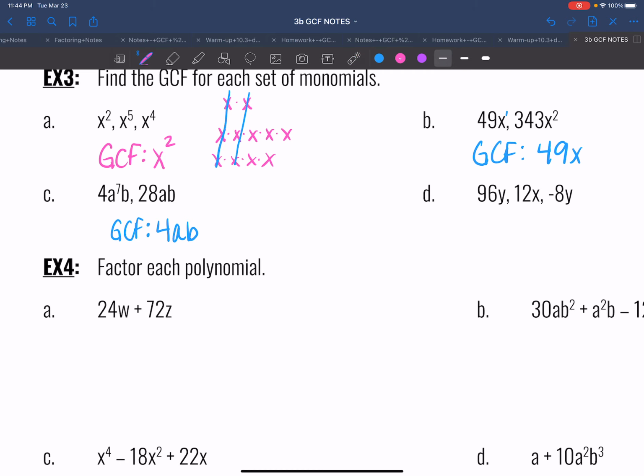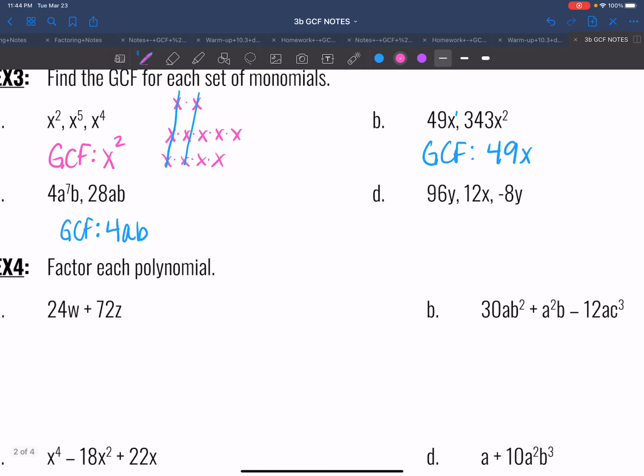And then example D over here, we have 96y, 12x, and negative 8y. So we're going to check first for the GCF of the coefficients. Now, I usually take that smallest coefficient and try to see if I can divide that into the other factors.